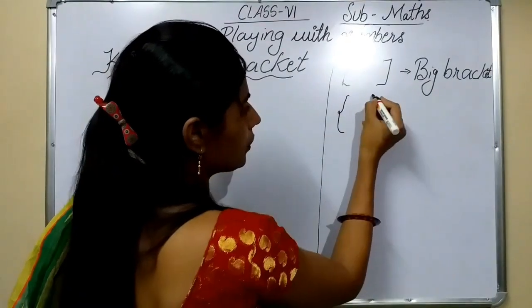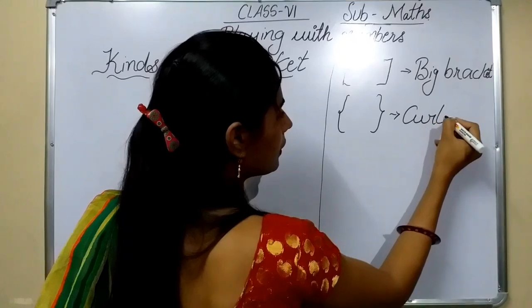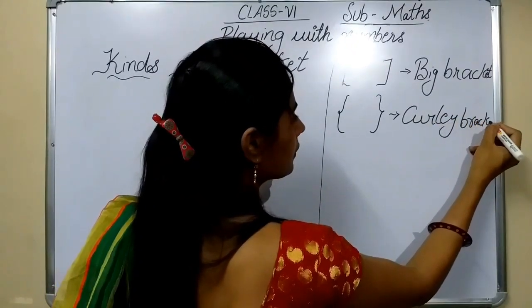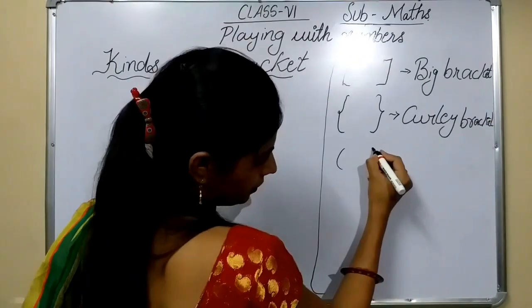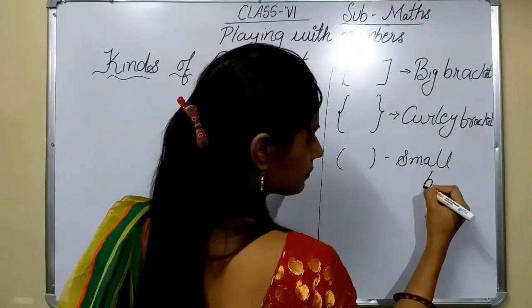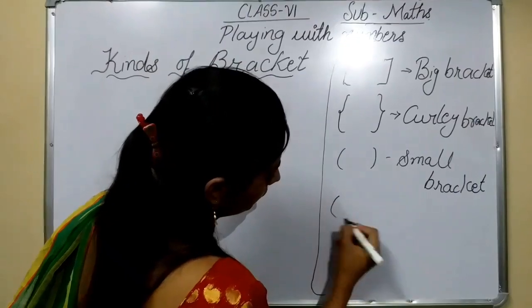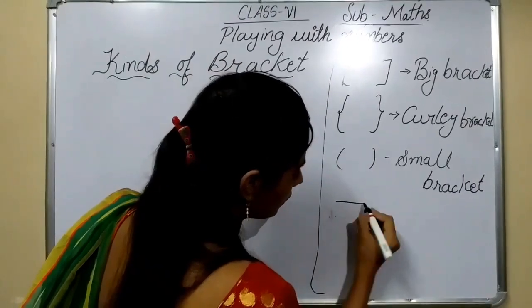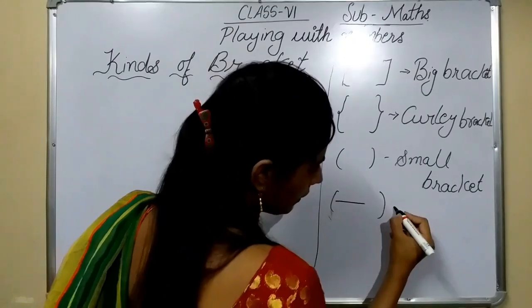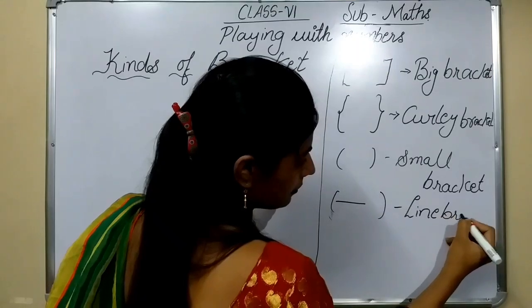And this is known as curly bracket. This is known as small bracket. And this is known as line bracket.